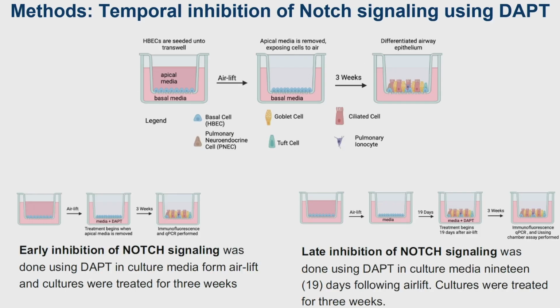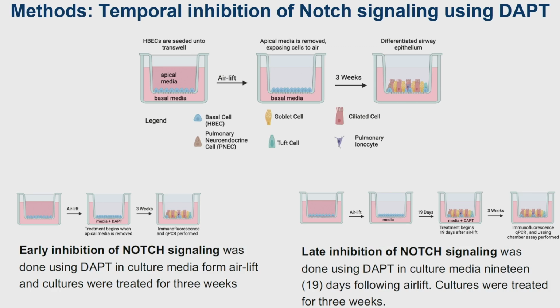To start off with the inhibition, we inhibited Notch signaling using DAPT at airlift. So when the cells were airlifted at the beginning of the differentiation from basal cells, we started treating with DAPT. We did that for 3 weeks, and then we would harvest the cells and take a look at the cell populations.